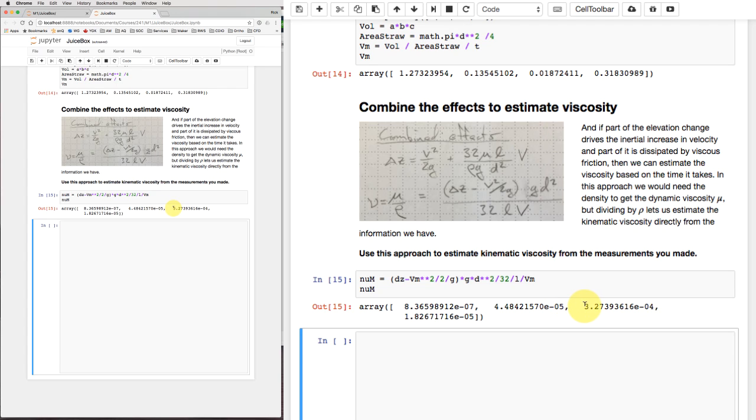And then for the cold dishwashing liquid, I get a viscosity of about 3.3 times 10 to the minus 4, making it a factor of almost 10 again more viscous than the canola oil. So I've got some measured viscosities here, and I can go and look up and see if those viscosities match up with what I know from my research on the web.